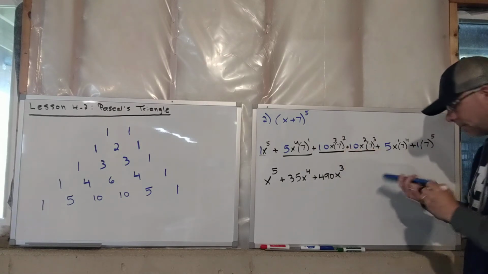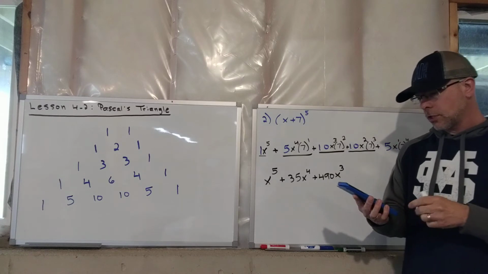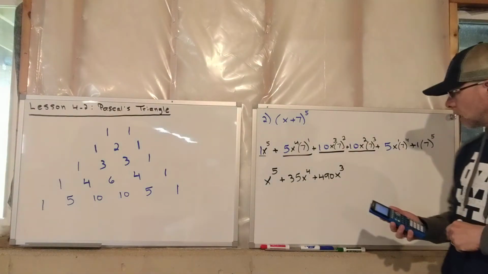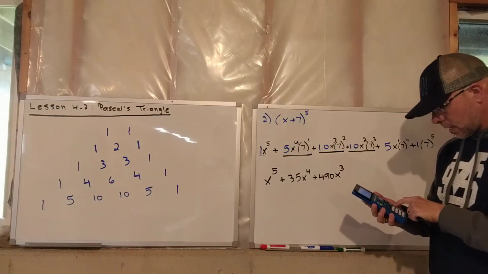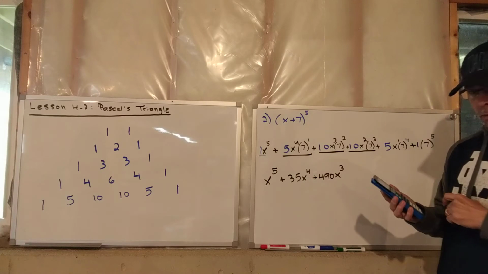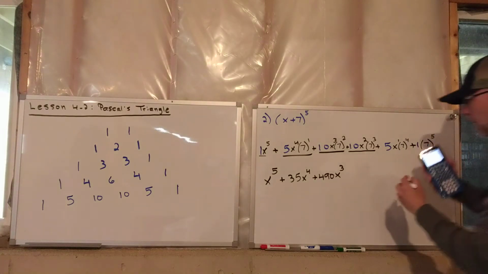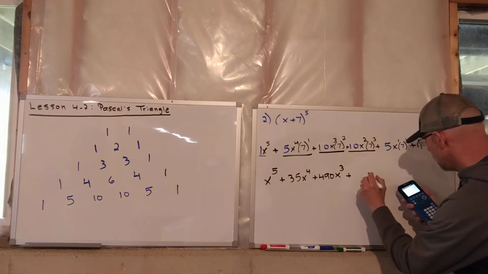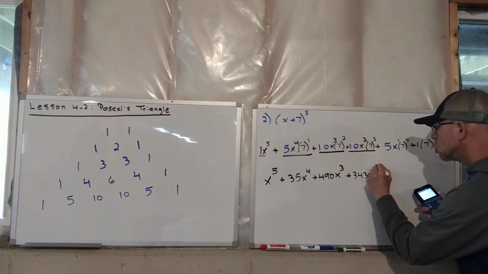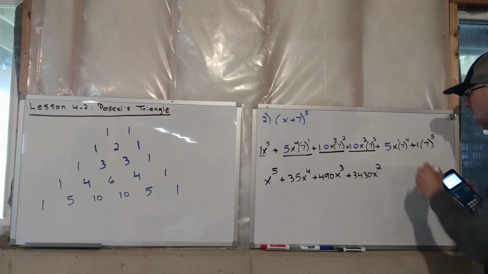Okay, next group, getting a little bit large, so I'm going to just check on my calculator. What's 7 to the 3rd power? That's 343, times the 10 that's out front from the Pascal's triangle. I think we all know that that's 3,430, but if we don't, that's what this is for. 3,430 x to the second, you see.